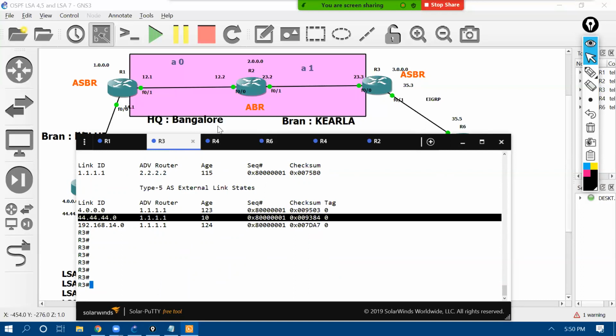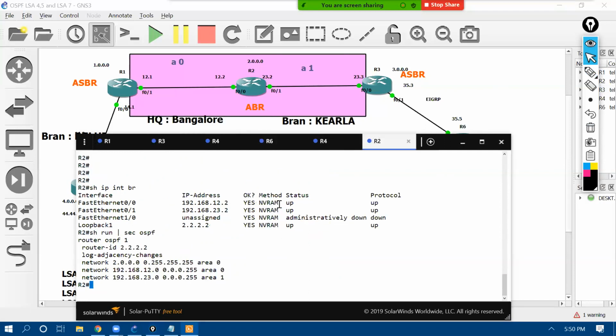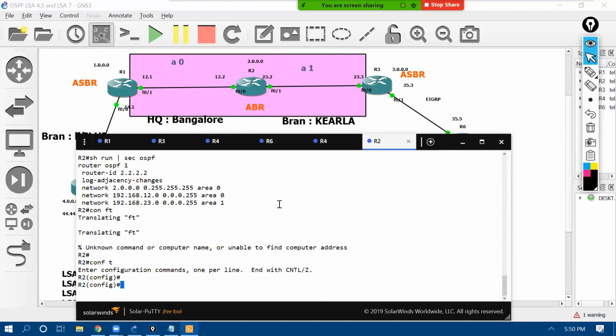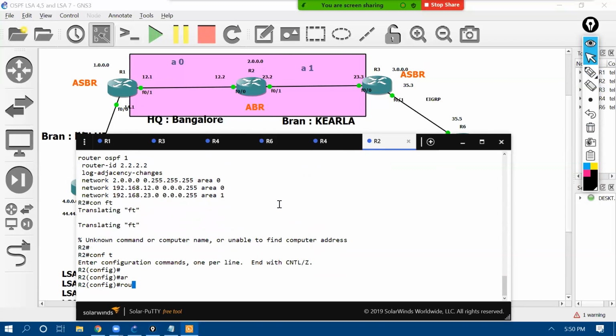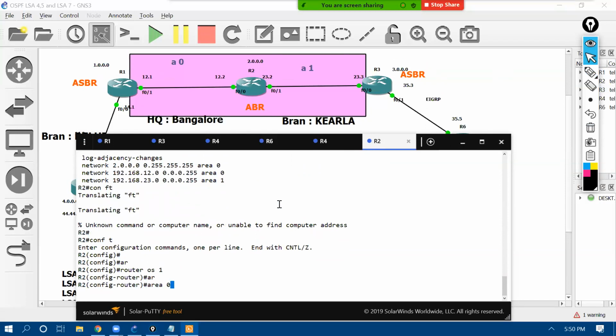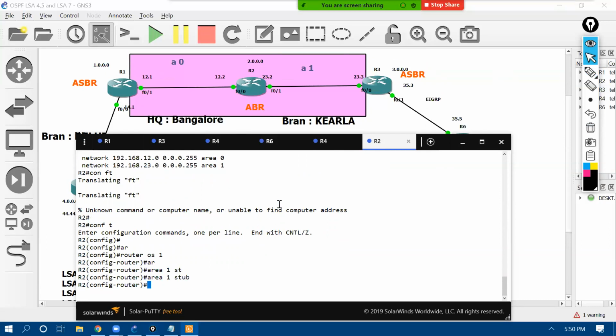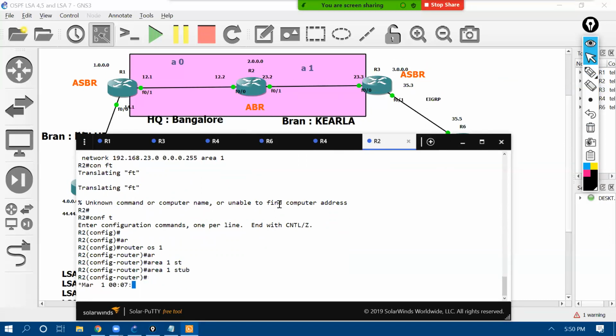So what I need to do is reduce my database table. I need to make this area a stub, right? So let's go to R2 router, and I say area 1 stub, and I need to configure the same on R3. Otherwise, what happened?